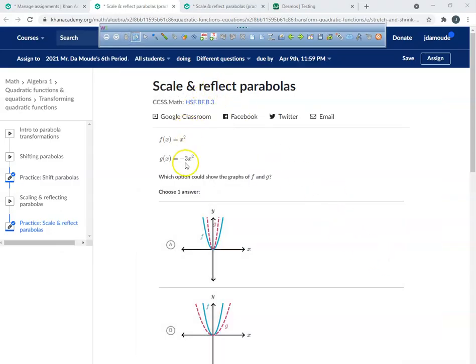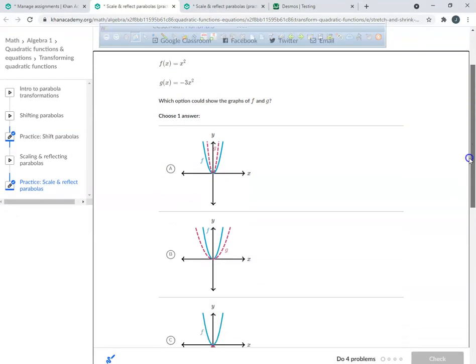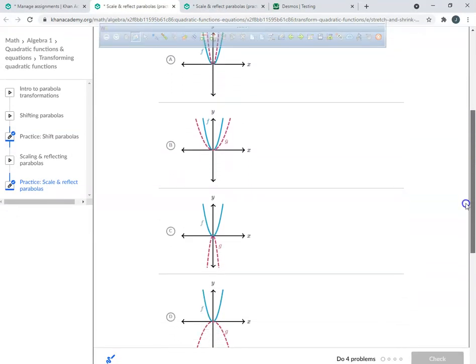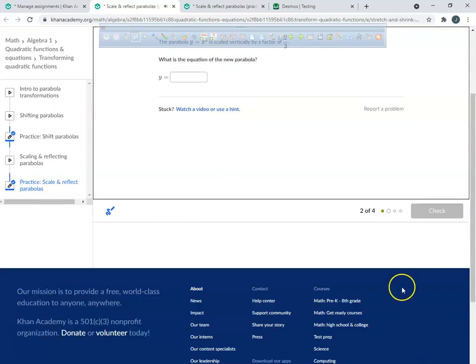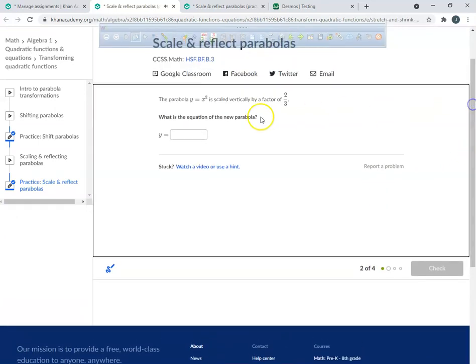Now on this one it says it's reflected across the x-axis, and it should be more narrow because that's a 3. So I'm looking for a skinny graph opening down. I'm thinking C. Yep, that's it. Skinny opening down. All right. This is scaled vertically by a factor of 2/3.